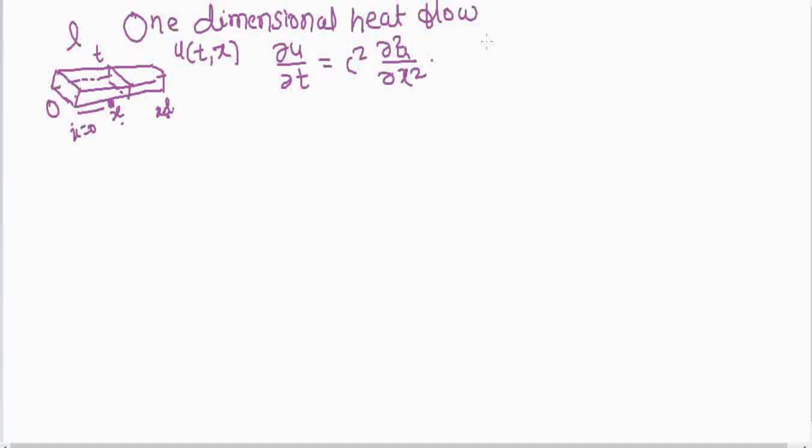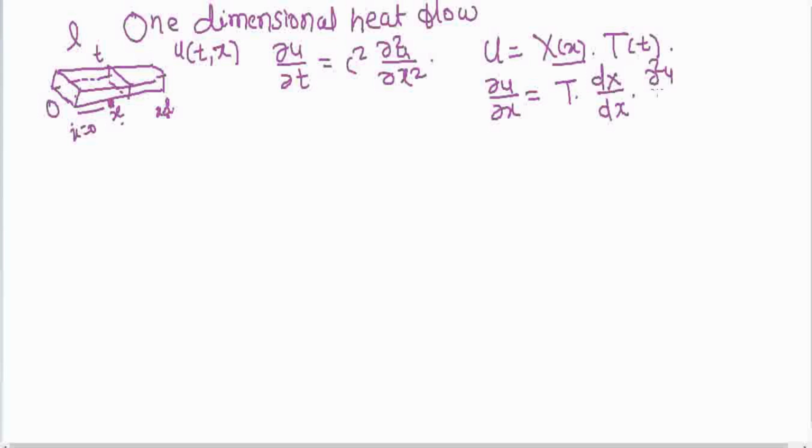It is very easy. We consider u equal to capital X, which is a function of x alone, times capital T, which is a function of t alone. Let us find the derivatives. Del u by del x equal to T, which is constant in the multiplication, times dX by dx. Since X is a function of x alone, it is not a partial derivative, it is a total derivative. Del 2u by del x square equal to T into d2X by dx square.